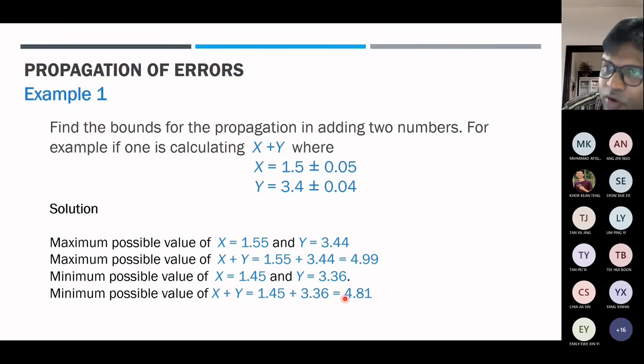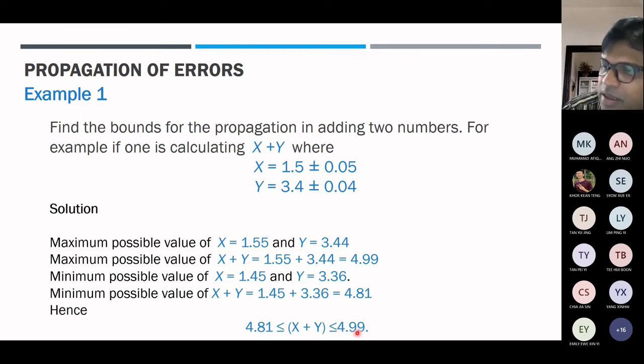Therefore we can conclude the propagation of the error as 4.81 less than or equal to x plus y, less than or equal to 4.99.